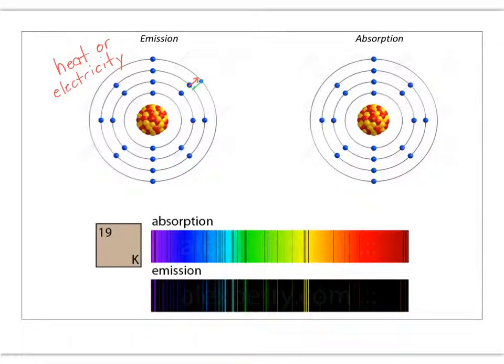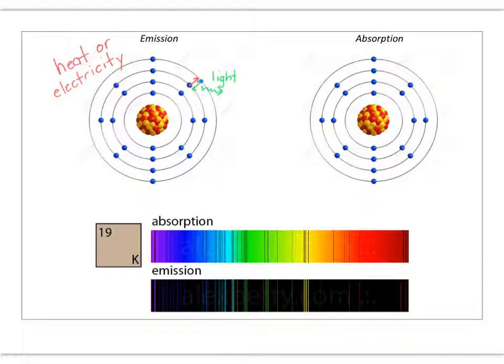Then that atom will quickly relax, and when it relaxes, it'll release light, and that light will have the energy that corresponds to the difference in energy of this shell and this shell here. So the third shell and the fourth shell in this very simplified diagram.